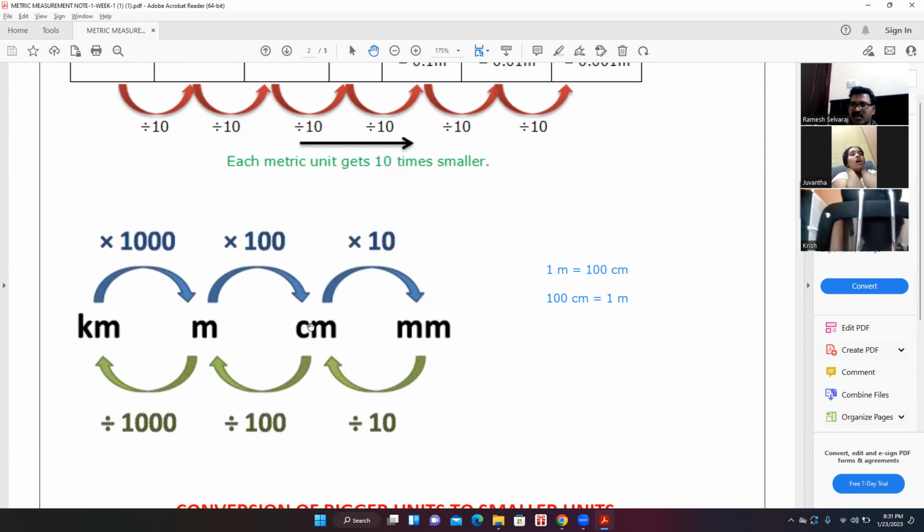So to get centimeter, how much will you multiply with mm? 10, correct. That means 10 mm is equal to 1 centimeter. Okay. 1 centimeter means 10 mm are there. Do you get me? Yes.